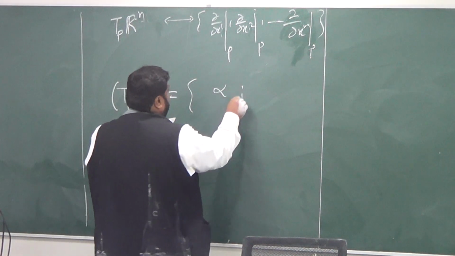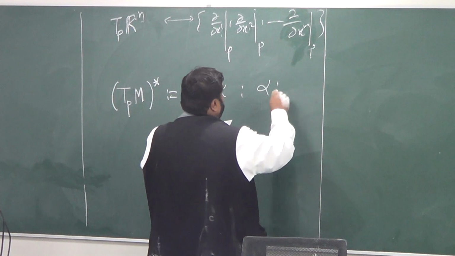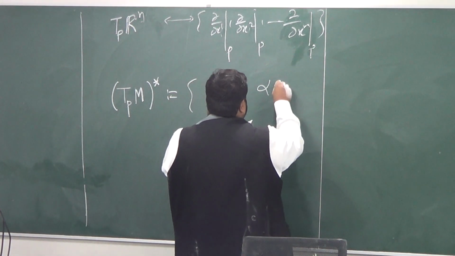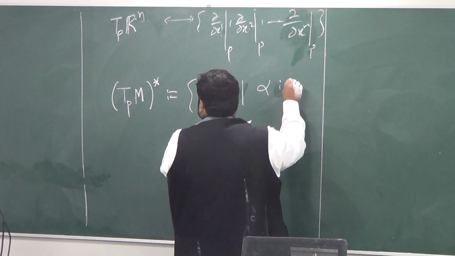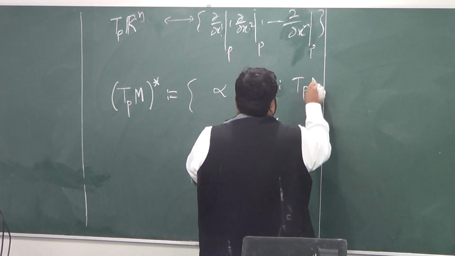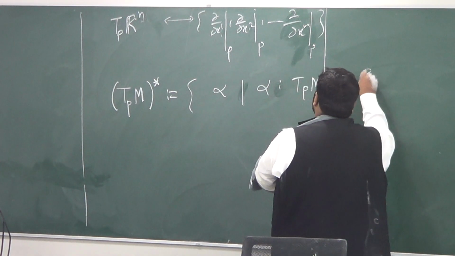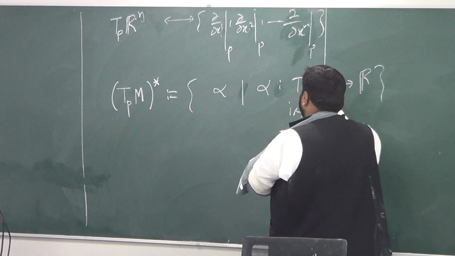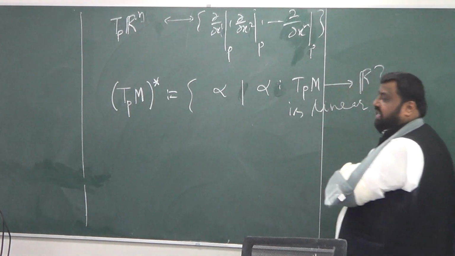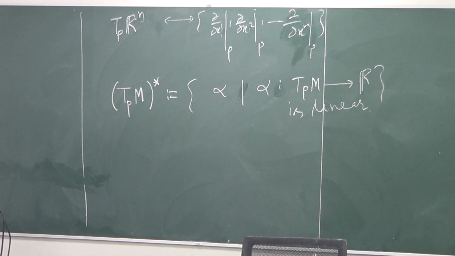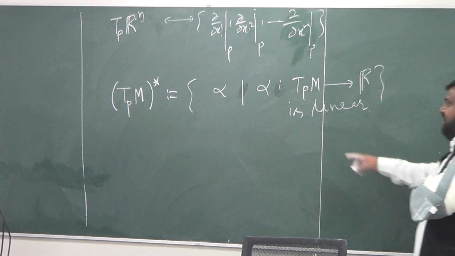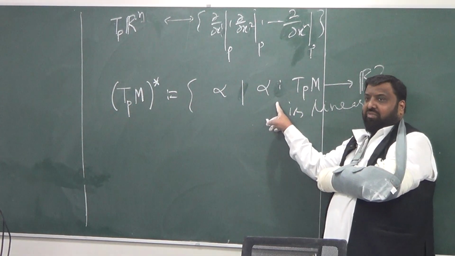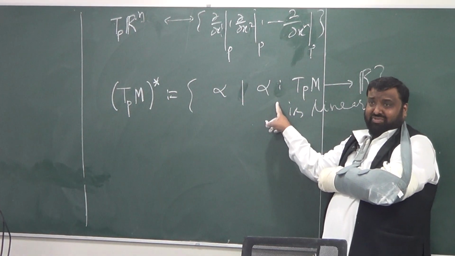It's a collection of alphas such that alpha from T_pM to R is a linear map. Just a linear map. And now I know that this linear map is what? It's a 1-0 tensor for me.